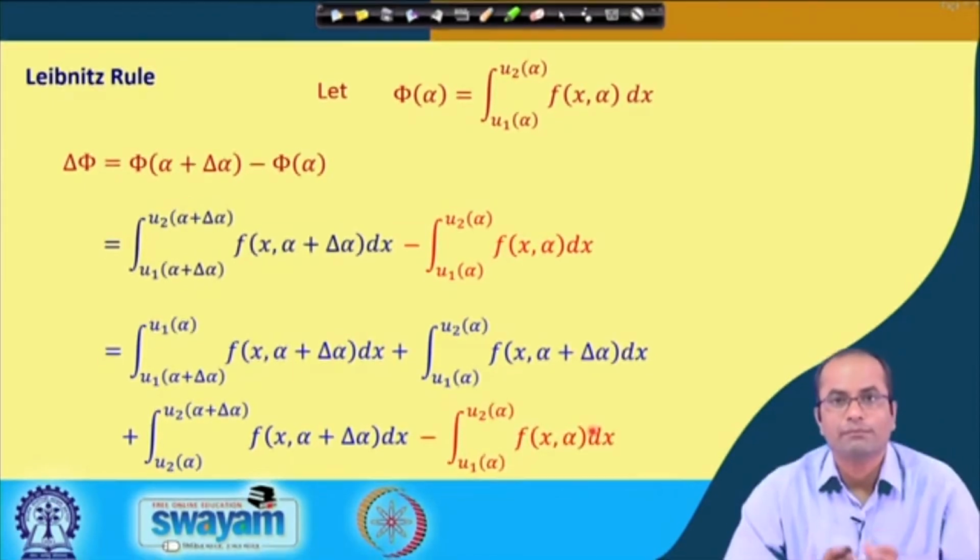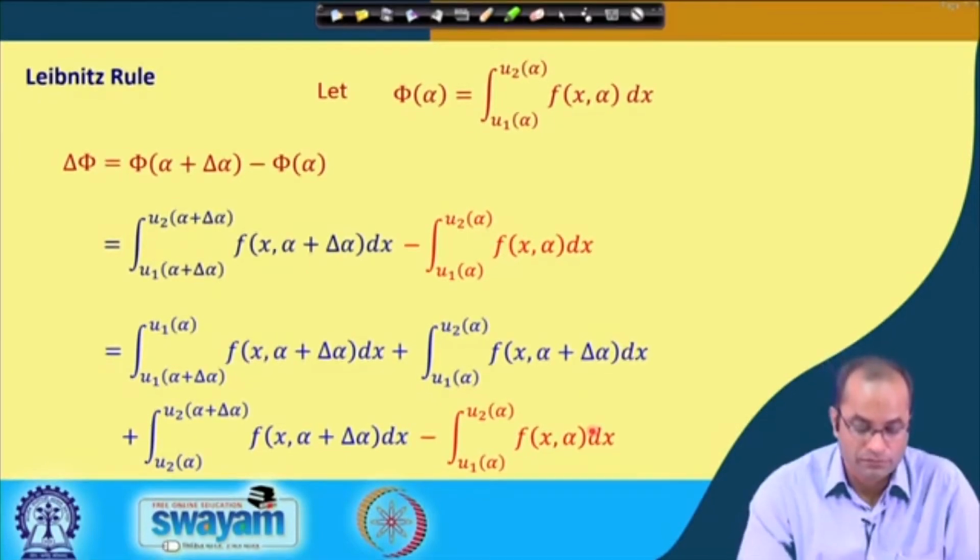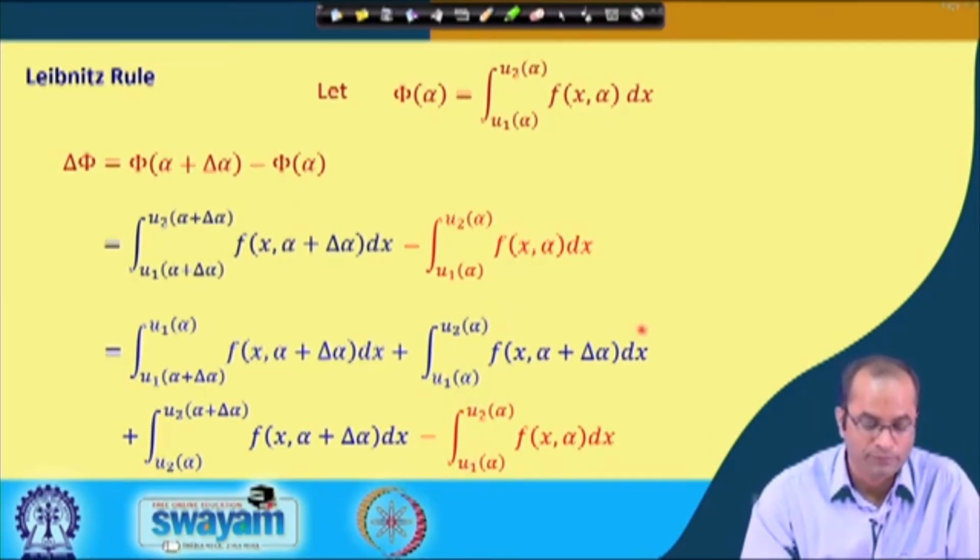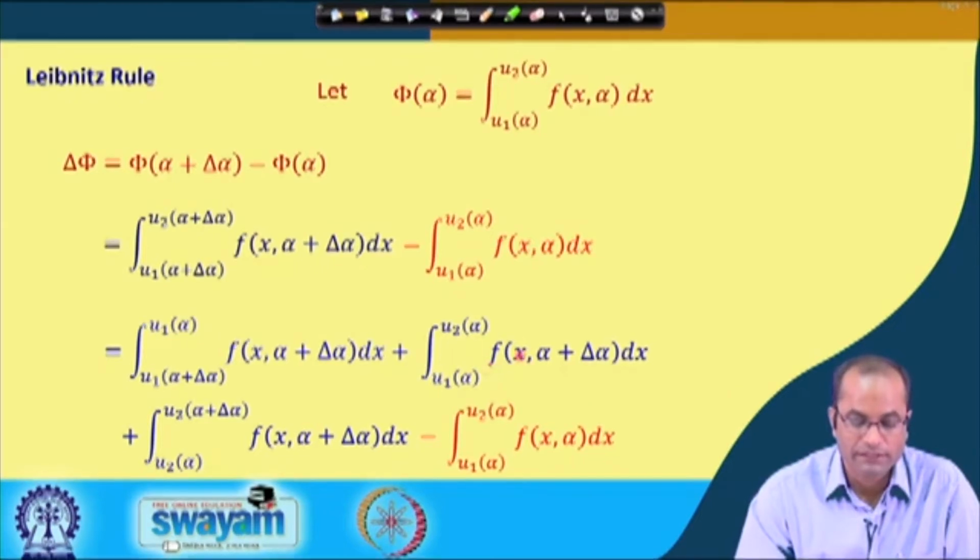Then we have here minus exactly that term. So, now we will combine the similar terms. Here we have the same limits u 1 alpha to u 2 alpha, here also u 1 alpha to u 2 alpha. So, these two terms we will combine, and we will have the integrand f x alpha plus delta alpha minus f x alpha.